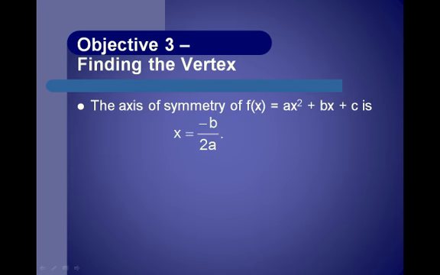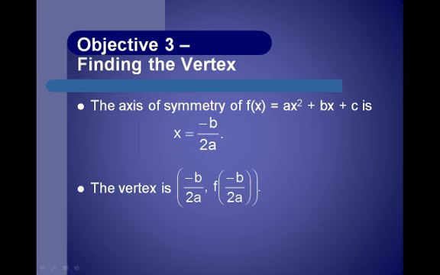The axis of symmetry of the quadratic function f of x equals ax squared plus bx plus c is x equals negative b over 2a, where the vertex is the ordered pair where the x value is negative b over 2a and the y value is f of negative b over 2a, which basically means you plug your x value back into your function and that will give you the y value of the vertex.